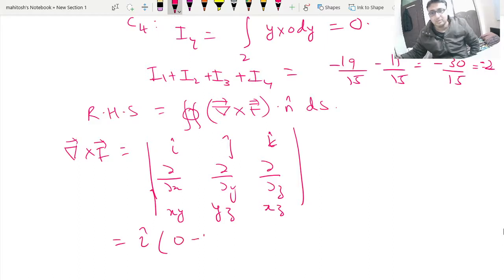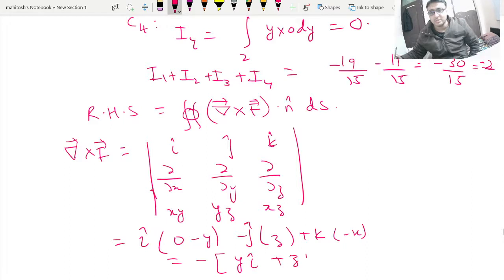Minus of y minus j, so this is your z plus k cap. This is 0 and this is your minus x. So we get this as, taking minus outside, y i cap plus z j cap plus x k cap. This is what we get as the curl.